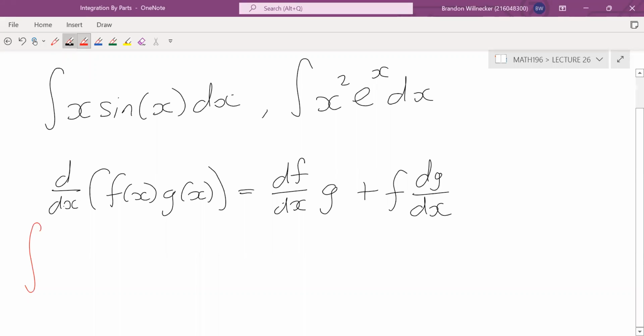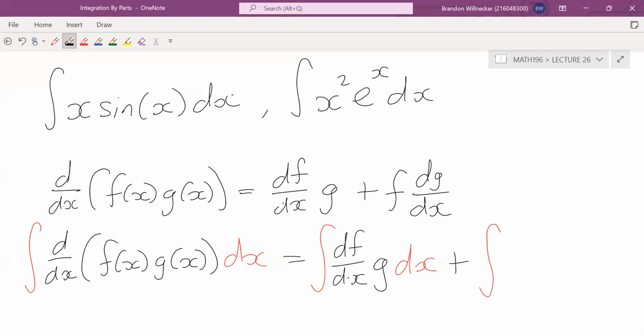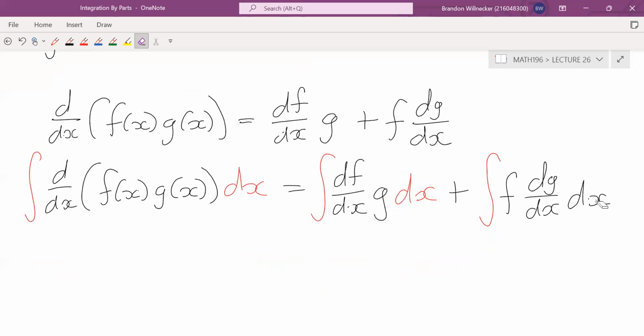We're going to integrate d by dx of f of x times g of x dx, and this is equal to the integral of df by dx times g dx plus the integral of f dg by dx dx. So I'm just integrating both sides.